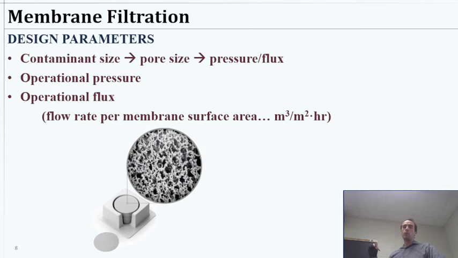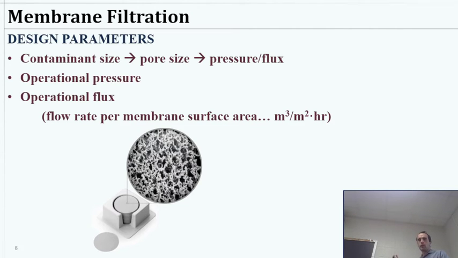Because if we've got really fine pores, then we need high pressure, which tells us we need to have a membrane system that's capable of withstanding that type of pressure. Okay, so there's several things going on based on our target contaminant. So we have operational pressure and operational flux as both important, and these two are also related.